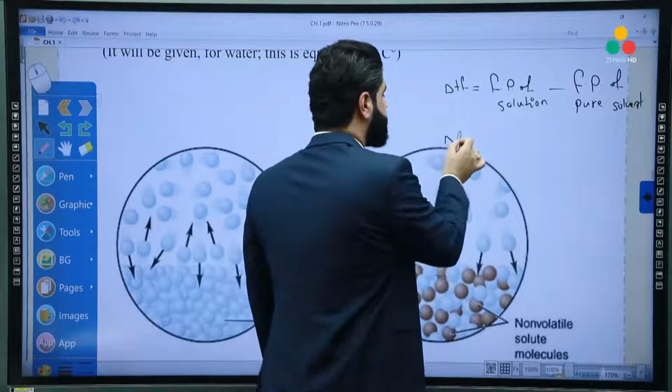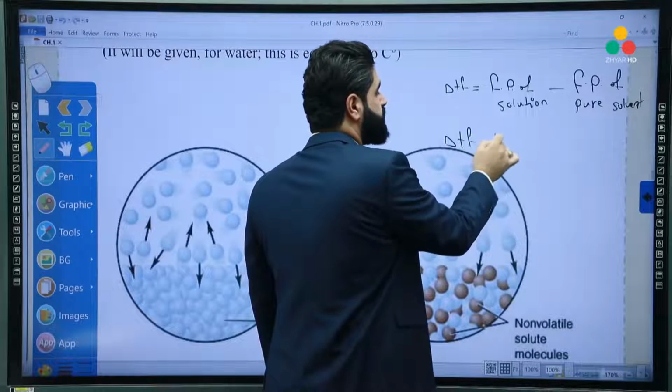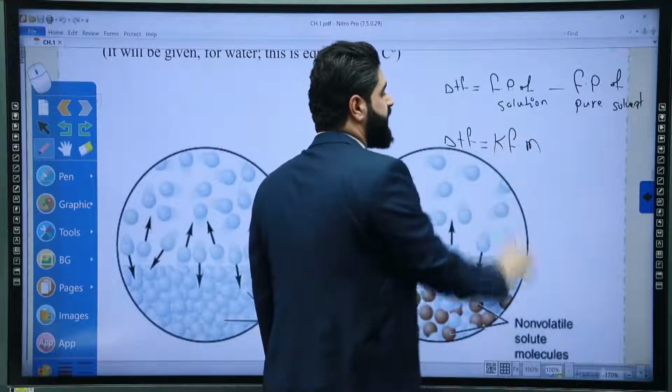Another one, we have delta TF, which is equal to KF times molality.